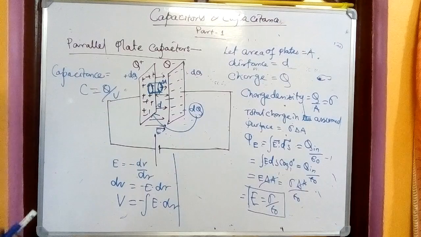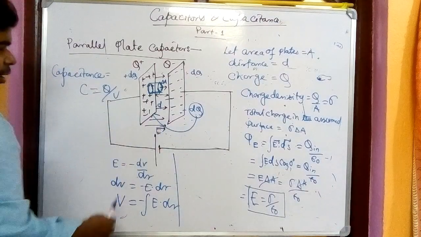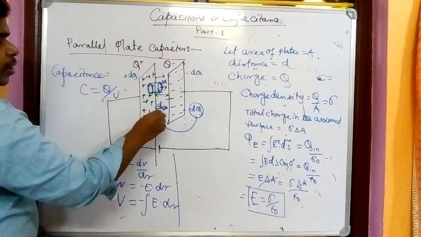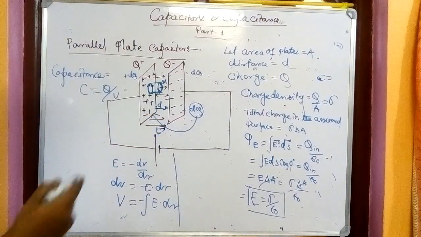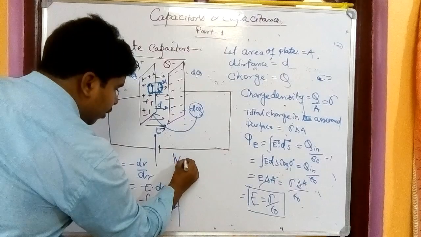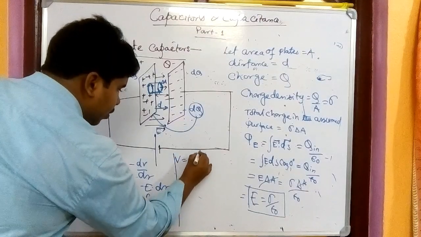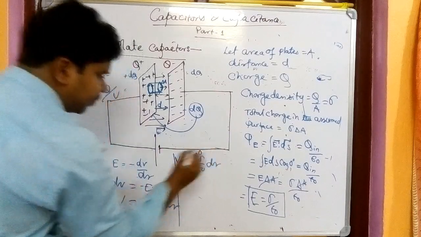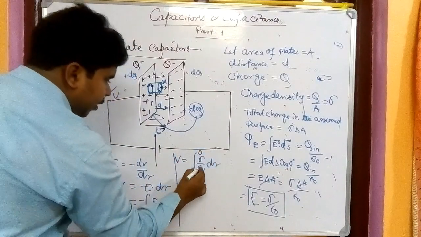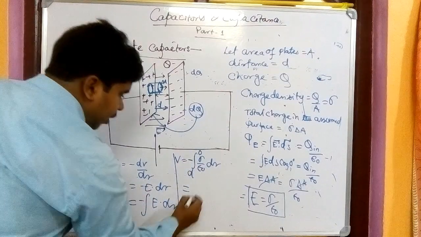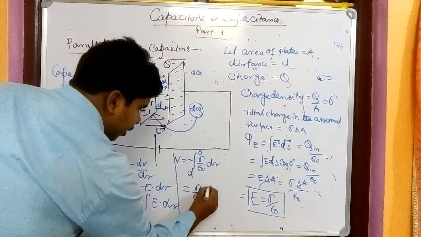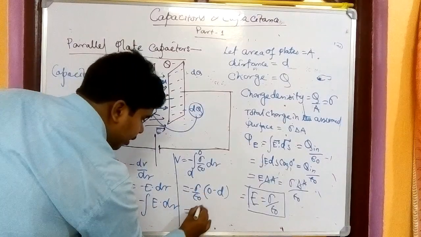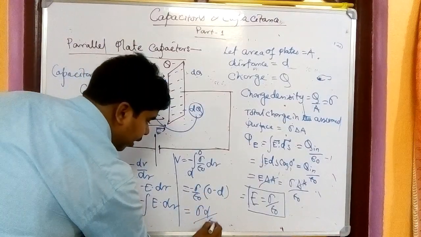We are assuming that. So it is coming from D to 0, because the distance is D. So we have to find the limit: V equals the integration from D to 0 of sigma by epsilon into dr. Simple thing, sigma by epsilon, minus sign is there, so sigma by epsilon times 0 minus D, and minus is already here, so sigma D by epsilon.